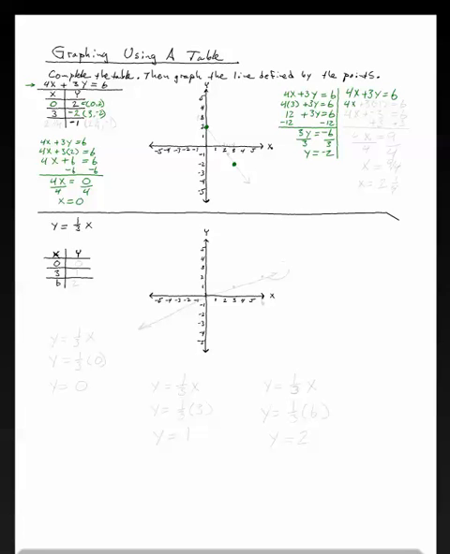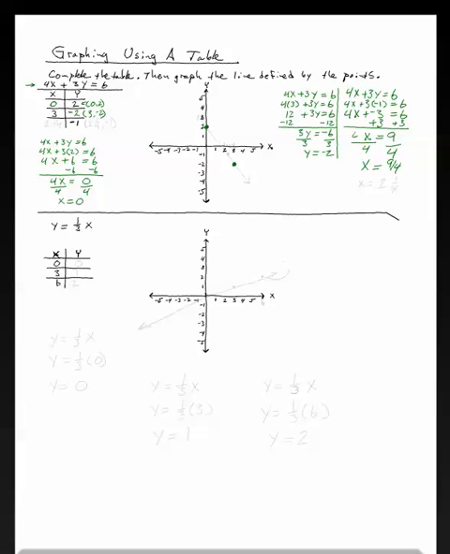So that's 4x plus 3 times negative 1, which is negative 3, equals 6. Now to solve this for x, we need to get rid of the negative 3. So we're going to add 3 to both sides. And that's 4x equals 9. And now we need to divide by 4 on both sides. So that's x equals 9/4.